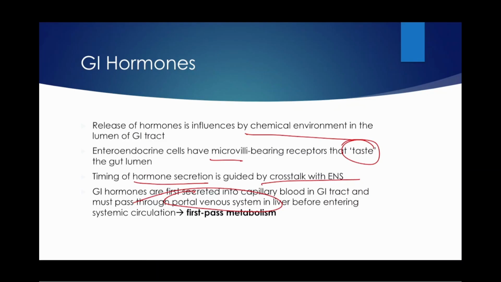It bypasses all that. So IV drugs don't go through first pass metabolism because they're not going through the GI system. Any pill that you swallow, food that you swallow, anything that you swallow, when it gets absorbed, they all collect in that portal vein to go to the liver first. And we'll get to that in a little bit as well.